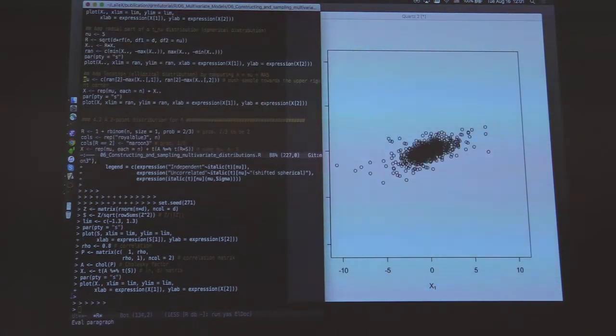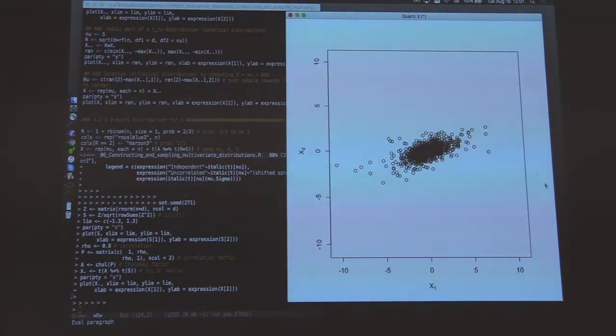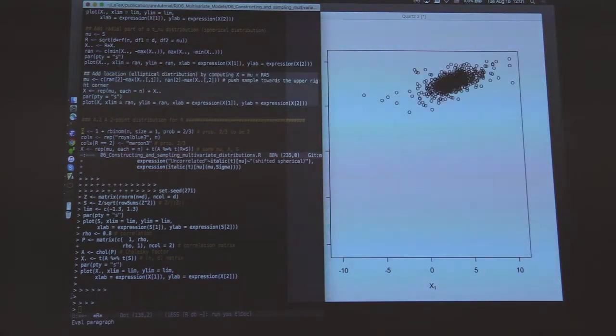So if I now add, and add really should mean multiplication here, so if I multiply with R, then each point gets scaled out in a different way, or possibly scaled in, right? And then of course I can also add a location and move the whole sample cloud.